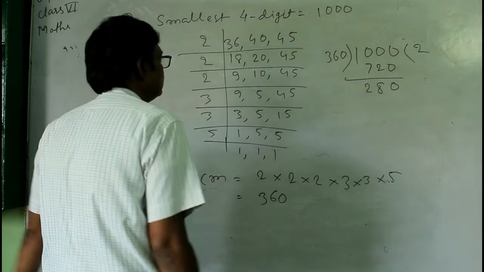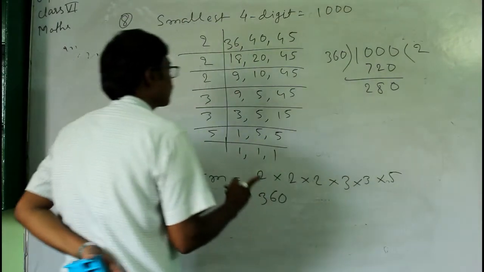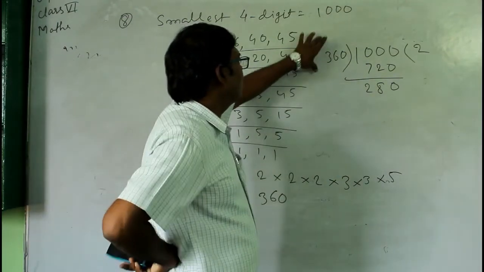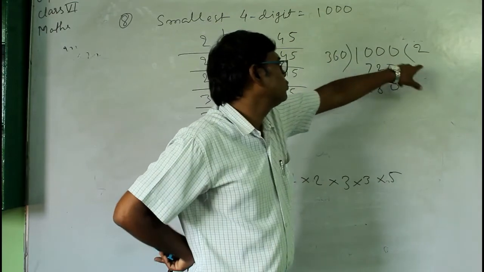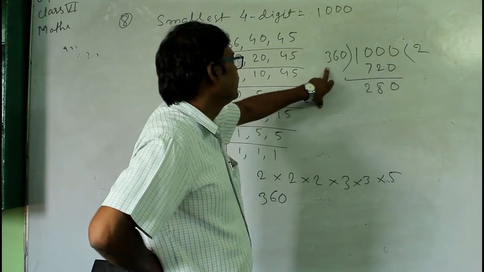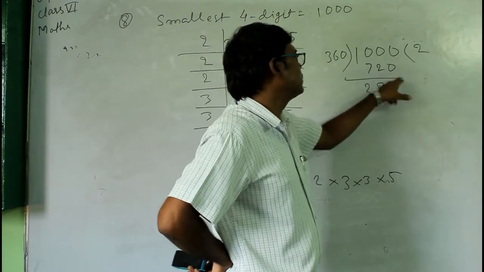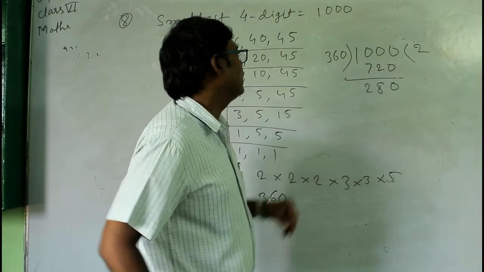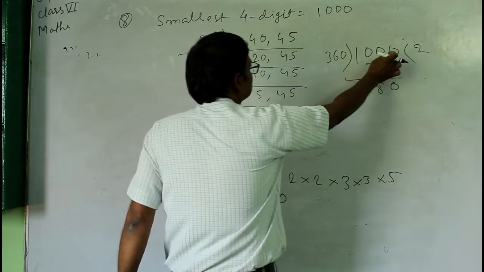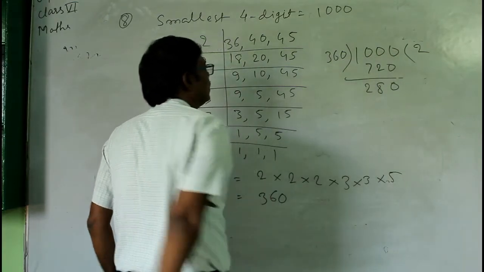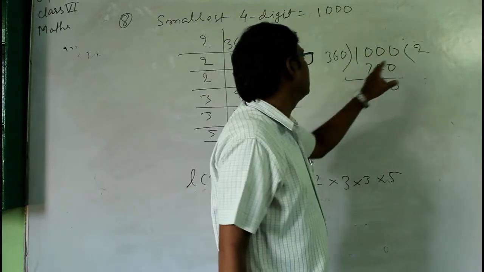Now see that you have got this quotient 2 and this remainder here. So it means that if you multiply 360 by 2, you will get 720. Okay. So it means that this 1000 is not divisible by this, but we have the close number here, that is 720.